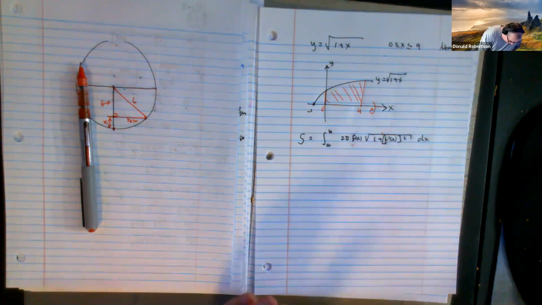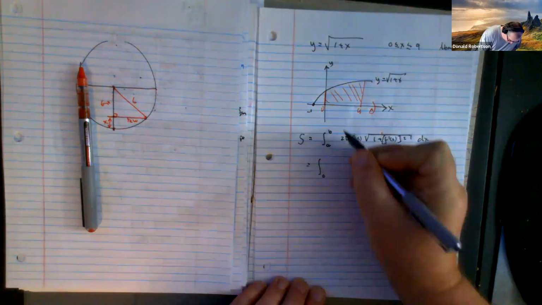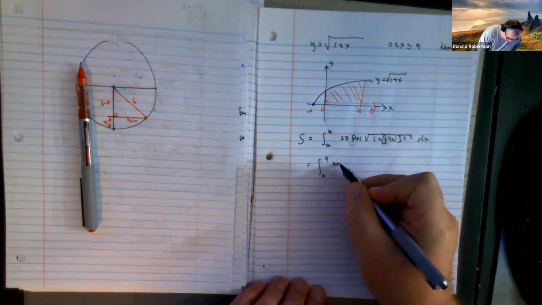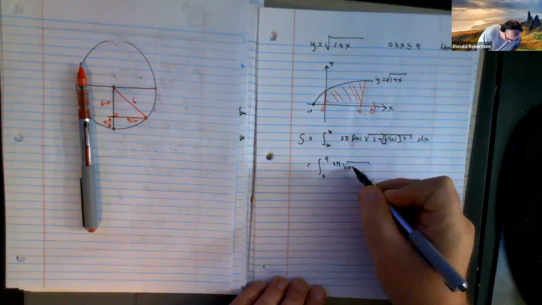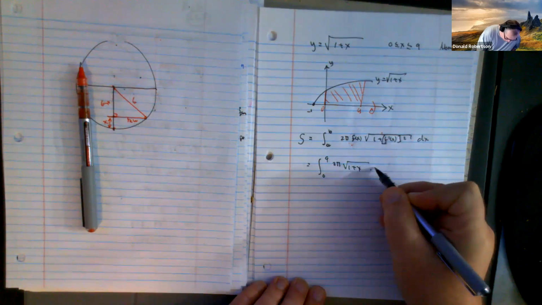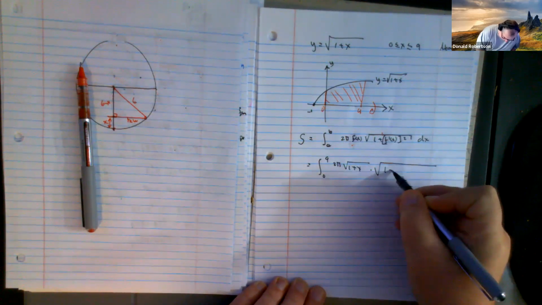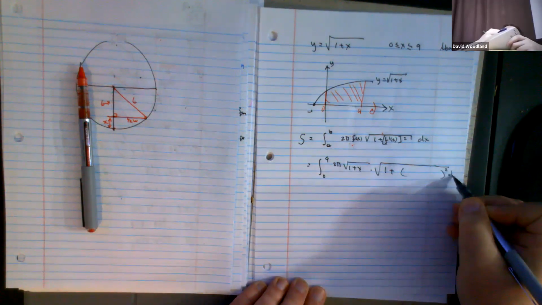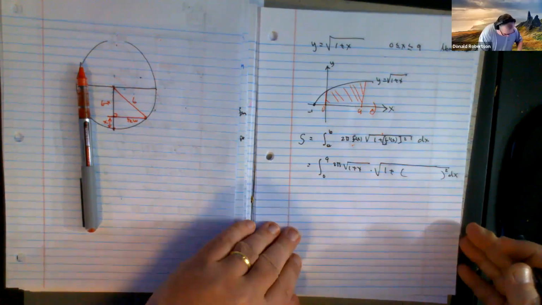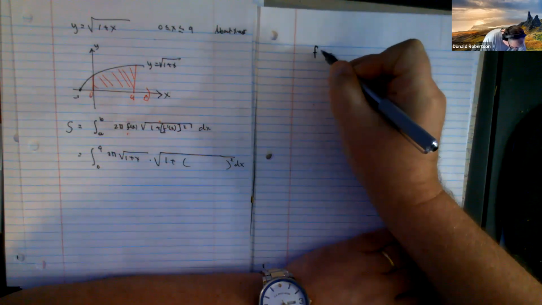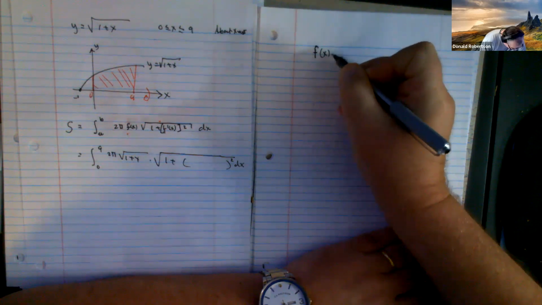Now, in this case, the integral is going to be from 0 to 9. The f of x is this guy. And then we have to do 1 plus the derivative squared. So I'm going to do that at the side and find out what the derivative squared looks like.